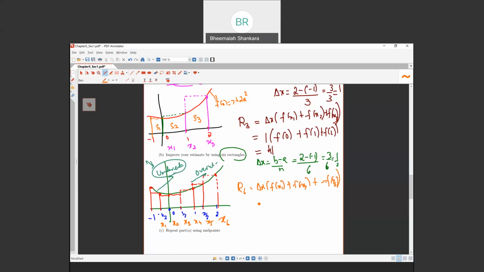So plug in delta x is 0.5 as we calculated, the functional value at negative half, the functional value at 0, and like this you keep going. The last one is the functional value at 2. Simplify and you see that you get 28.75.